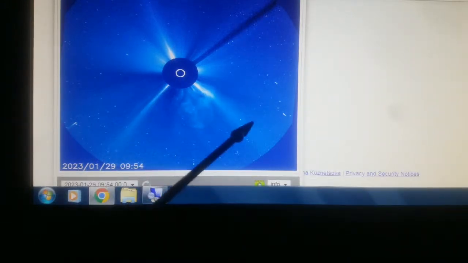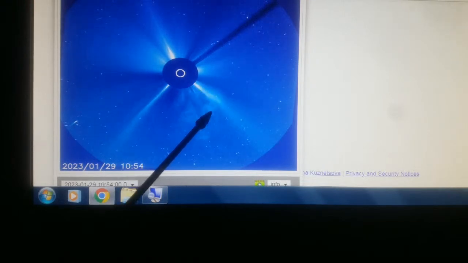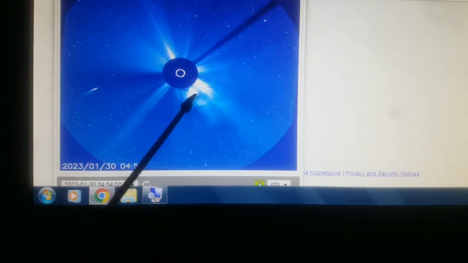Okay? I looked at this closer on STEREO A, and there's a little black object right here that initiated the CME. It looks like there's a secondary one in here too. We'll look at that closer at another angle, another satellite. But there's also an inbound sun-diving comet over here, and as you watch, it comes in, boom, here comes the second CME. This is now the 30th.